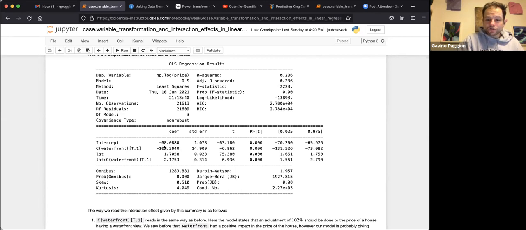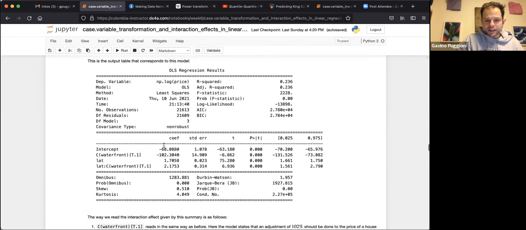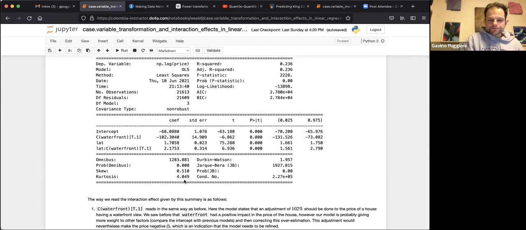So the total intercept would be -168. That means that the model will have to adjust by 102%. So the price is twice the amount if you have a house with a water view, compared to the baseline, of course.